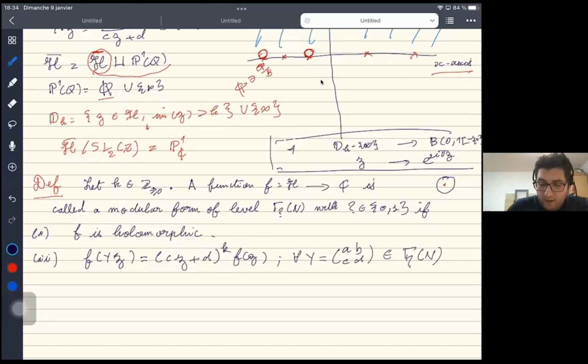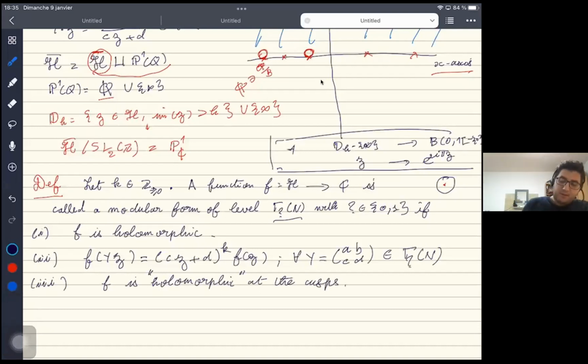If I put gamma 1 here, I should have it for any gamma in gamma 1, and if it is gamma 0, I should have it for any element in gamma 0. And the third condition: f is holomorphic at the cusps.